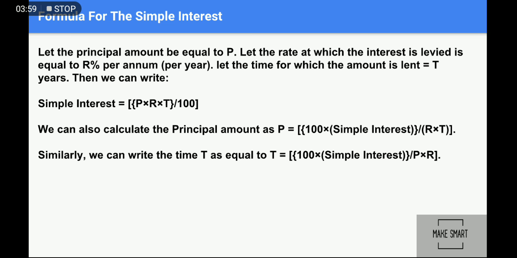So just remember the simple interest formula: simple interest equals principal into rate of interest into time divided by 100. From this formula you can derive the others by moving values up or down, and find whichever value you want.